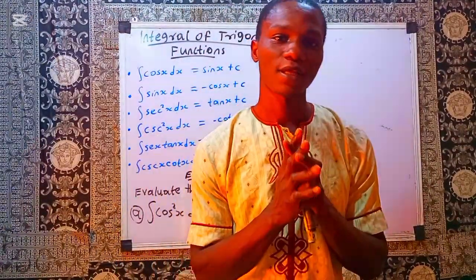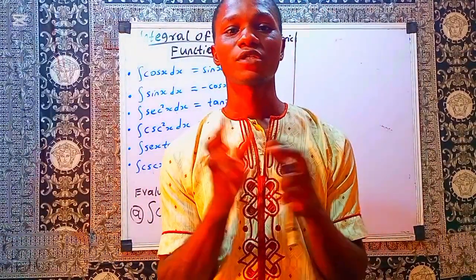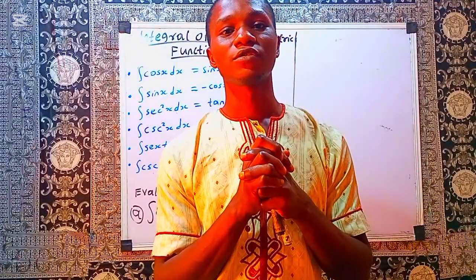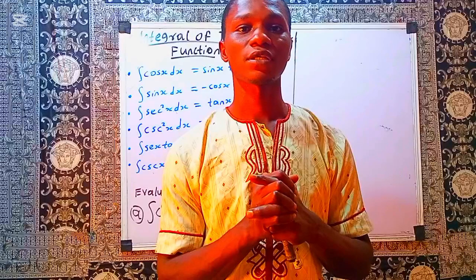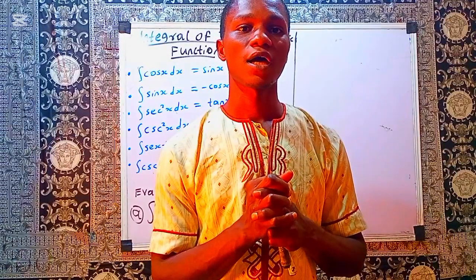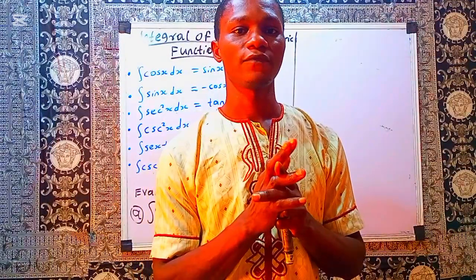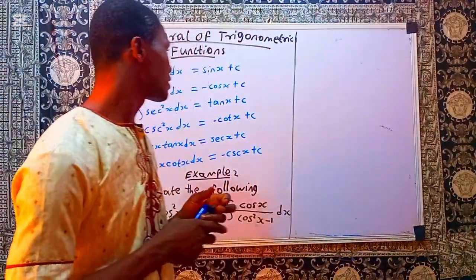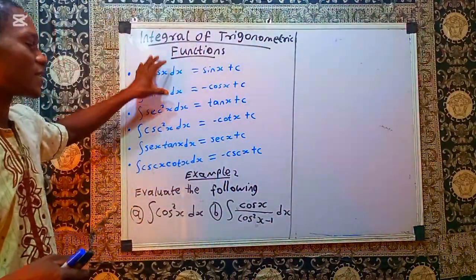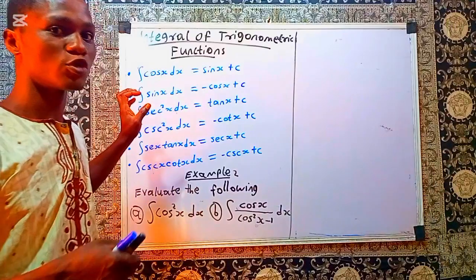This is mathematics class. In our previous class, we studied the integral of trigonometric functions, and we are still going to continue with the study of integral of trigonometric functions, and we are here to solve this very question in this class. So in our previous class, I already gave you a chart of integrals of some trigonometric functions.